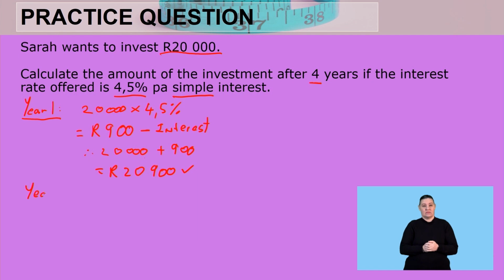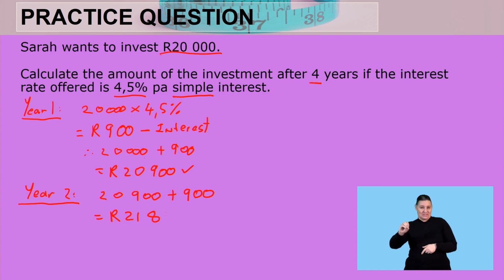So for year 2, we'll take the amount from the previous year, 20,900 Rand. Then we'll add on the interest of 900 Rand. And this gives me 21,800 Rand. Nice. Doing well.